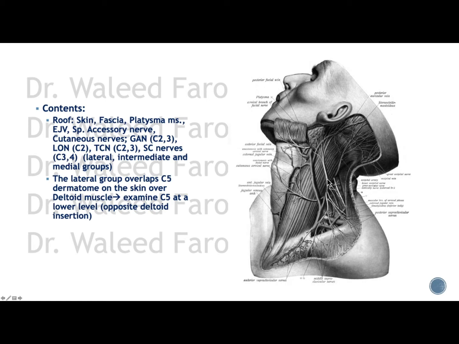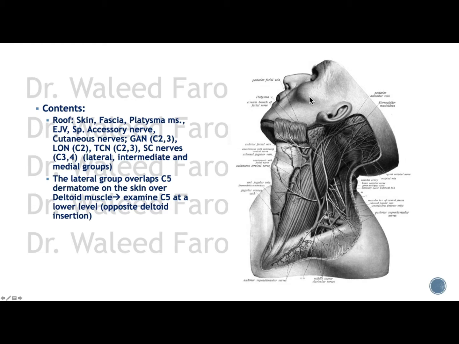The great auricular nerve is an important nerve that runs on the sternocleidomastoid and goes towards the parotid, see that? And splits to supply numerous branches to the capsule of the parotid, as well as the skin over the angle of mandible. It receives C2 from here, so this is extremely important.